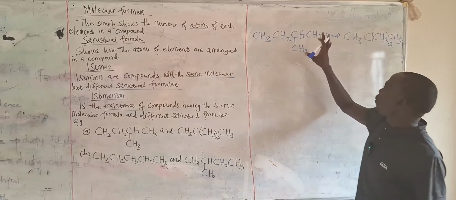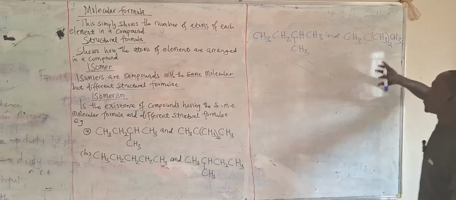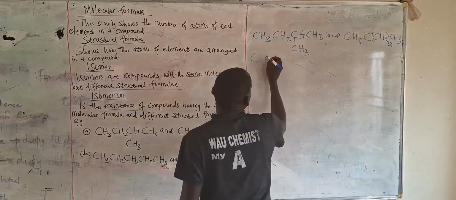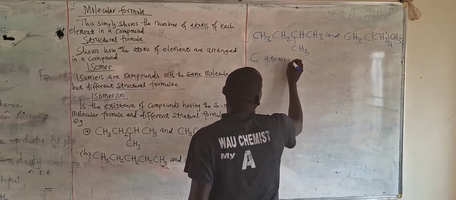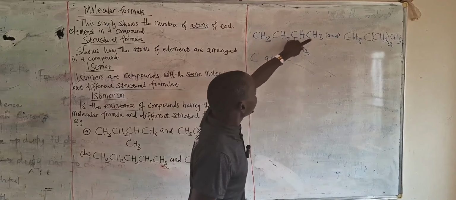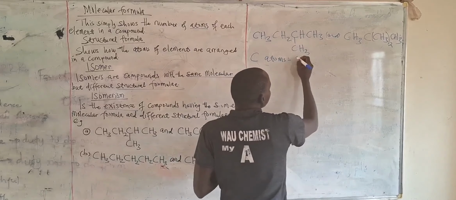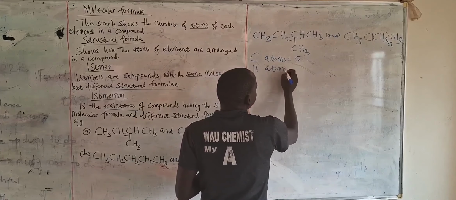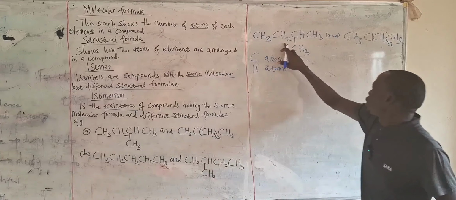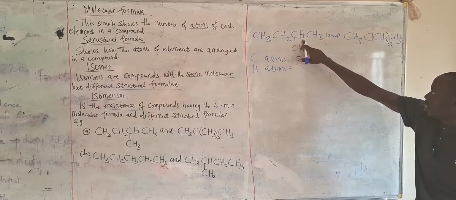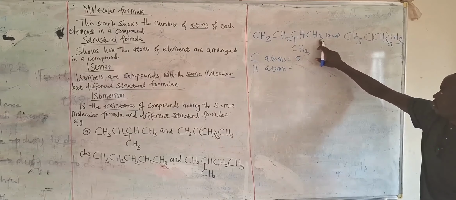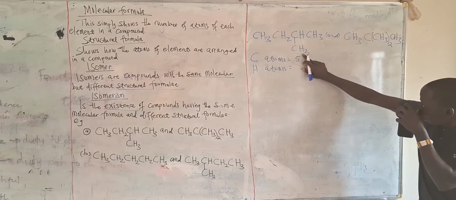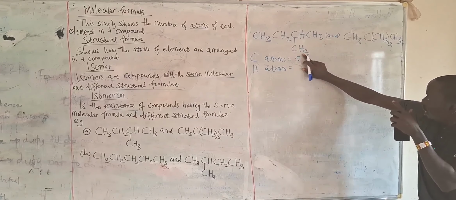Let's count the number of hydrogen atoms and carbon atoms here, and also here. So carbon atoms here, we shall have 1, 2, 3, 4, 5. So we have 5 carbon atoms. How about hydrogen atoms? We shall see that we have 3 plus 2, 5, plus 1, we have 6, plus this we have 8, and plus this one we have 11 hydrogen.